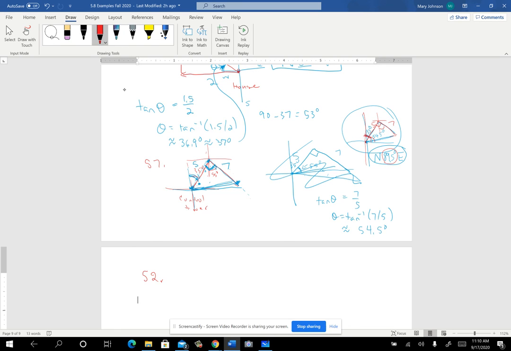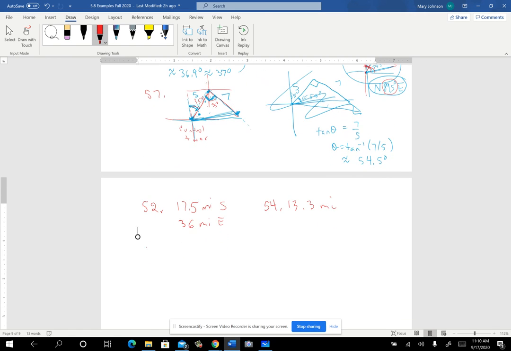All right, so south and east. Okay, I think these are right. South and 36 miles east. Okay, 54. Wanted just how far one ship was from the lighthouse. That turns out to be about 13.3 miles. Okay, on 56, it wanted a bearing that the ship should sail.